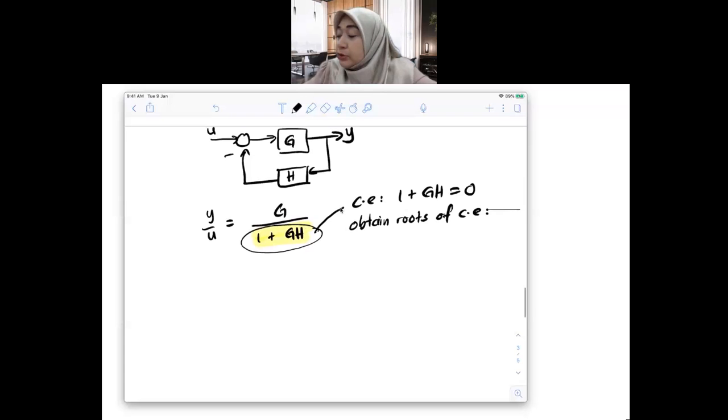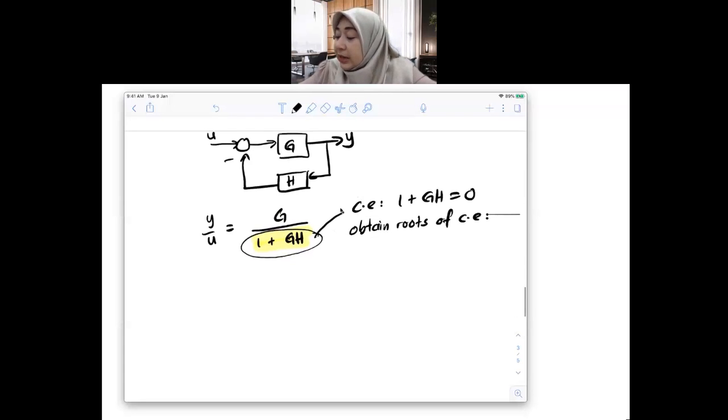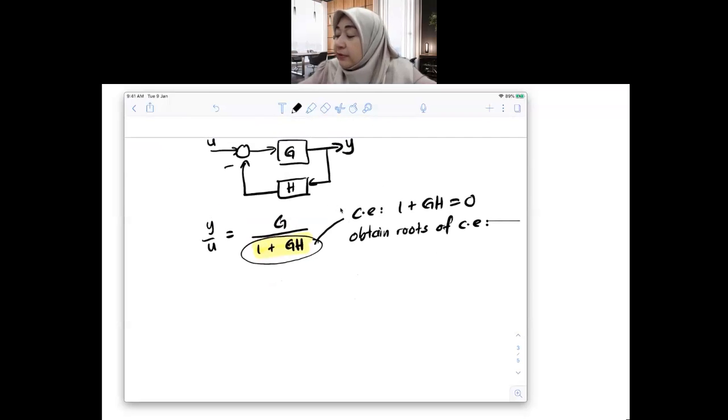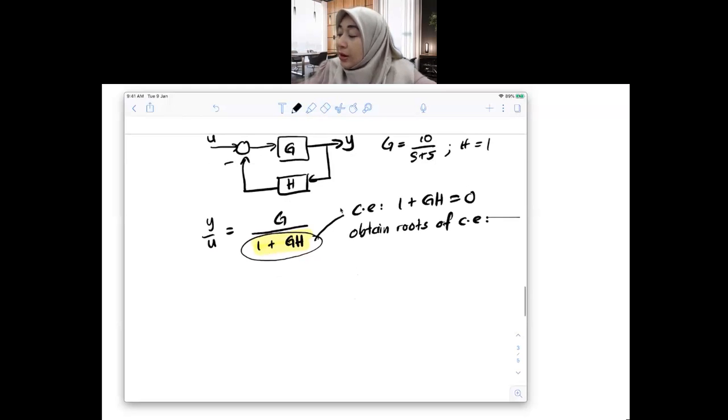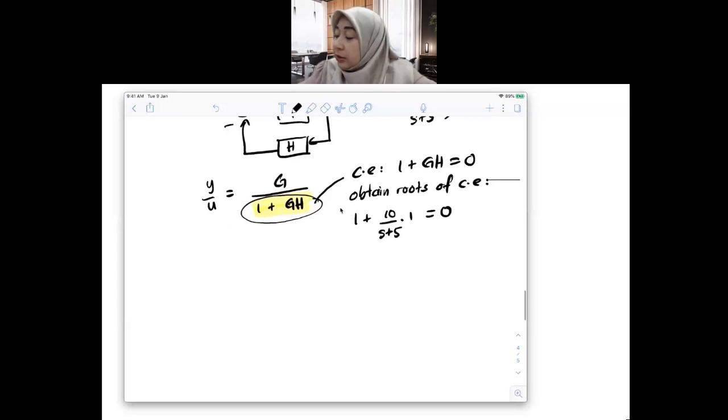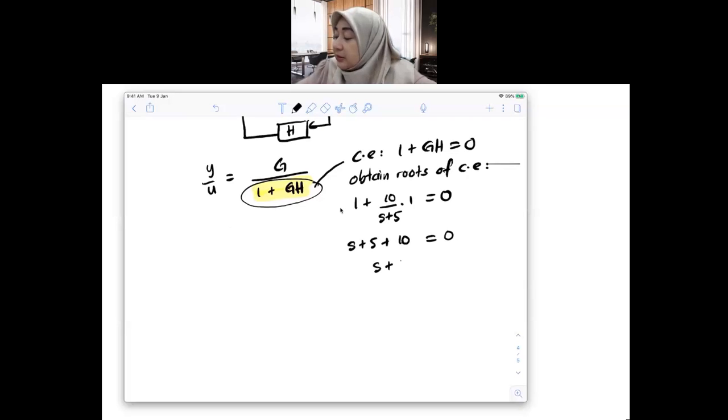When you obtain the roots of your characteristic equation, for example, let's say your G is, according to the previous value, 10 over S plus 5, and let's say H equals 1, so the feedback of your system is 1. The characteristic equation is going to be 1 plus 10 over S plus 5, multiplied by H which is 1, equals 0. It gives you S plus 5 plus 10 equals 0, so S plus 15 equals 0.